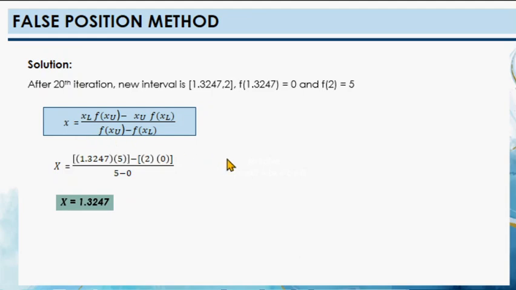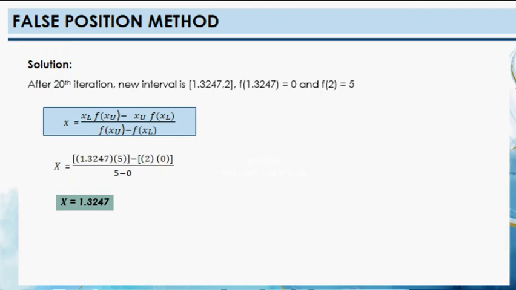So, dito, after 20th iteration, ang interval nga natin is 1.3247 at saka yung 2. So, ano ba yung f of 1.3247 natin? So, that is 0. And ang f of 2 naman natin is 5.